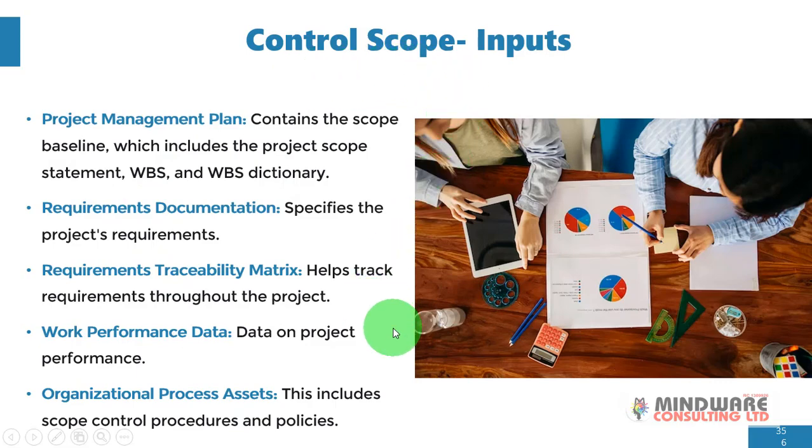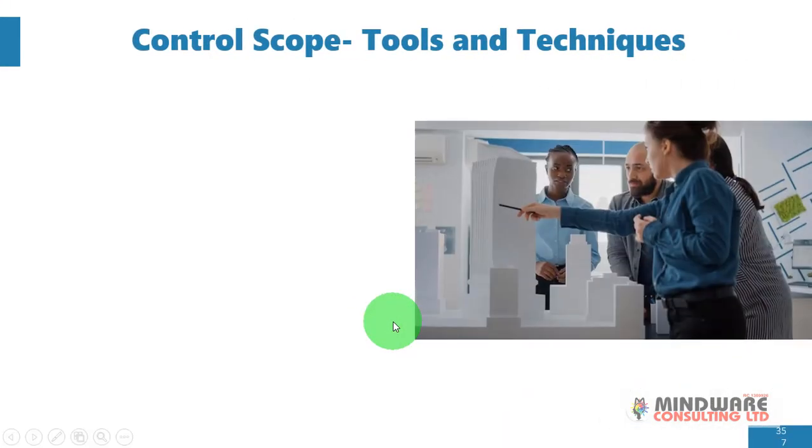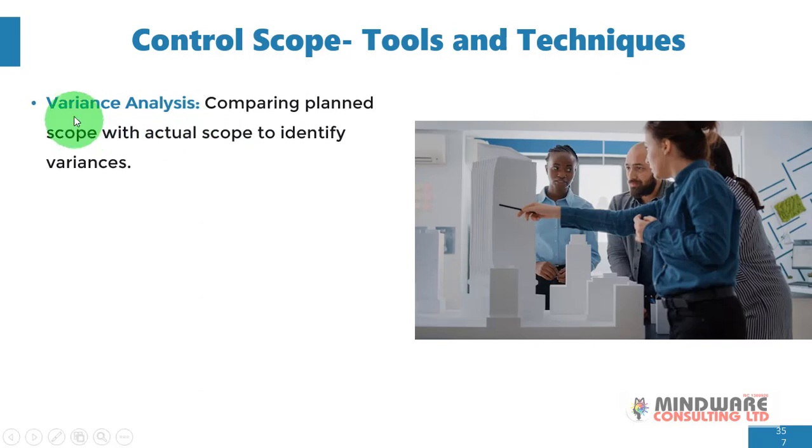Let's take a look at the tools and techniques. So what are the tools and techniques that you require for this process? First is variance analysis, comparing planned scope with actual scope to identify variances.